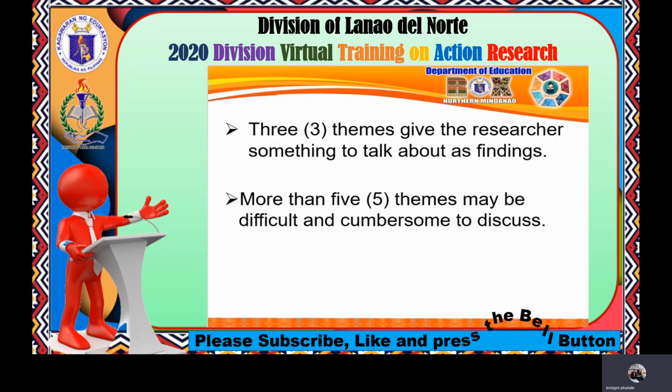There should be about 3 themes assigned by an action researcher, something to talk about as findings. More than 5 themes may be difficult and cumbersome to discuss. So 3 or 4 themes or categories will be enough for the researcher to discuss meaningfully what the research is all about.